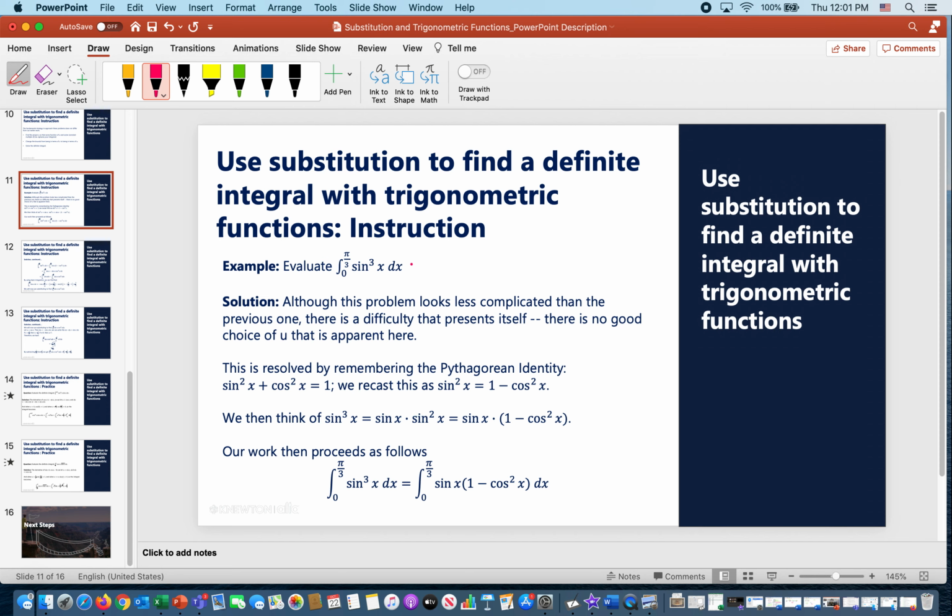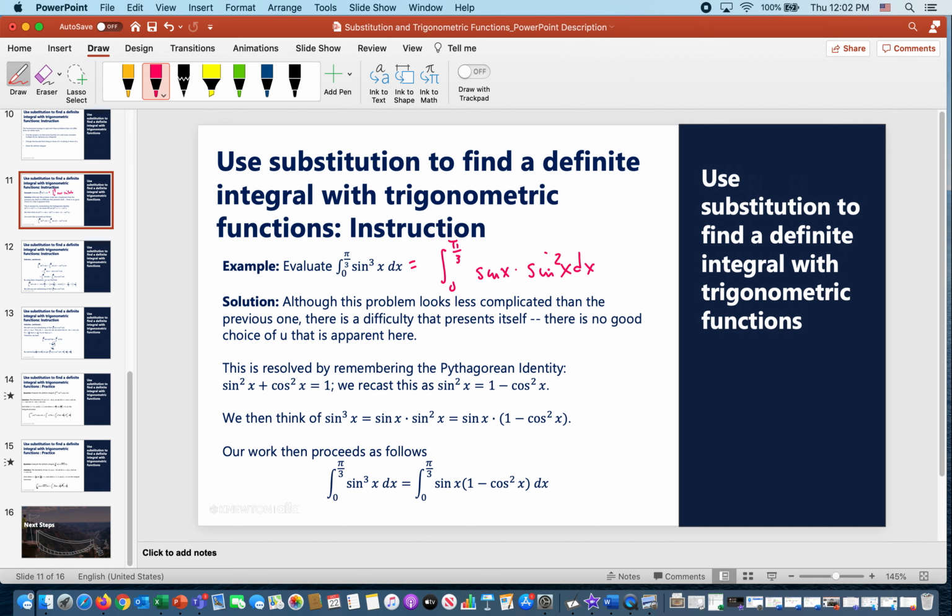So here I'm going to say that I'm going to rewrite this as sine times sine squared, okay? And so the reason being is we've got to figure out how to create that u du, okay?